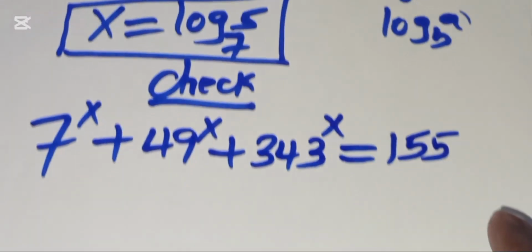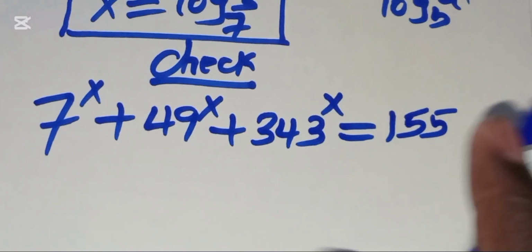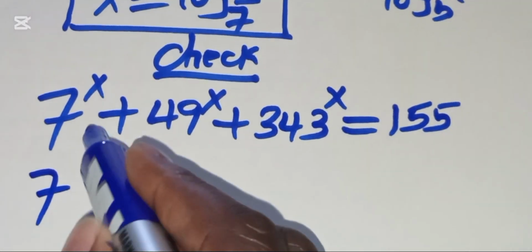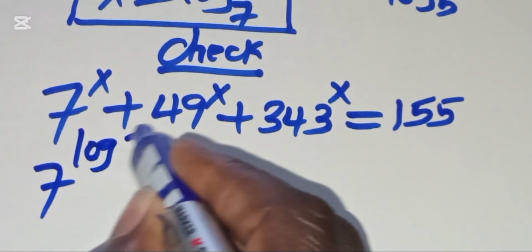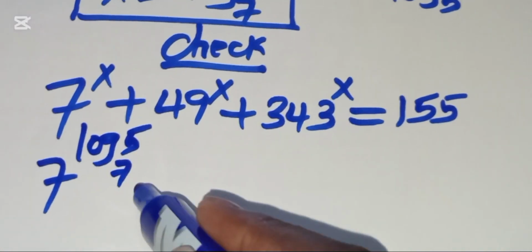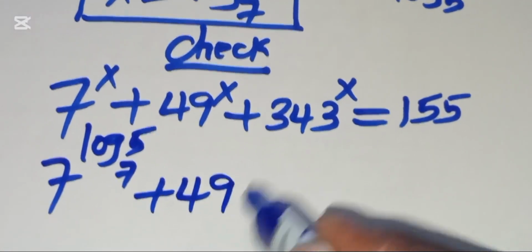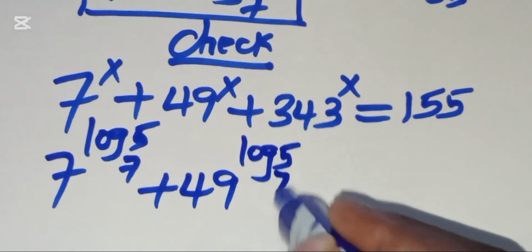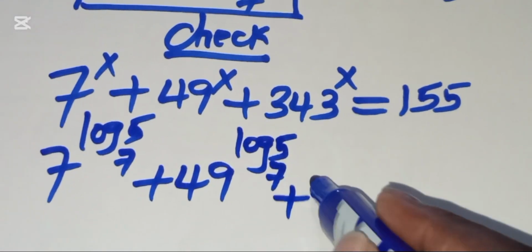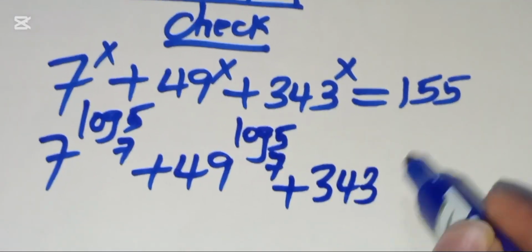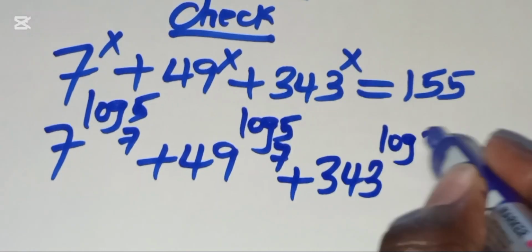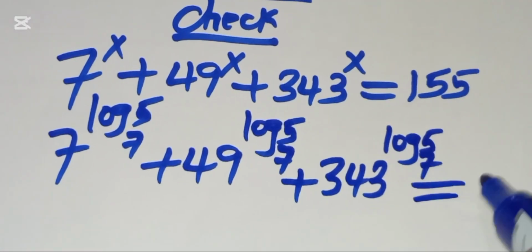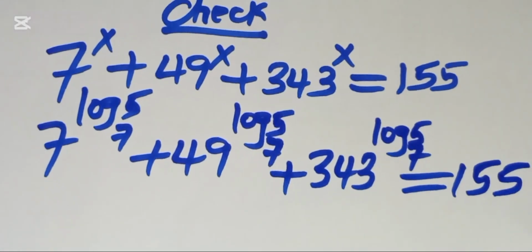Now substituting the value of x, we'll have 7 raised to power log 5 to base 7 plus 49 raised to power log 5 to base 7 plus 343 raised to power log 5 to base 7. This should give us a value of 155.